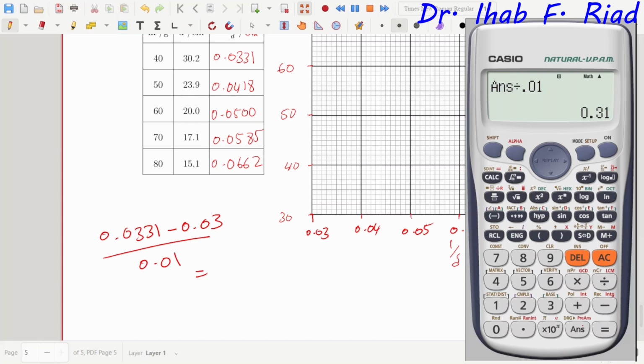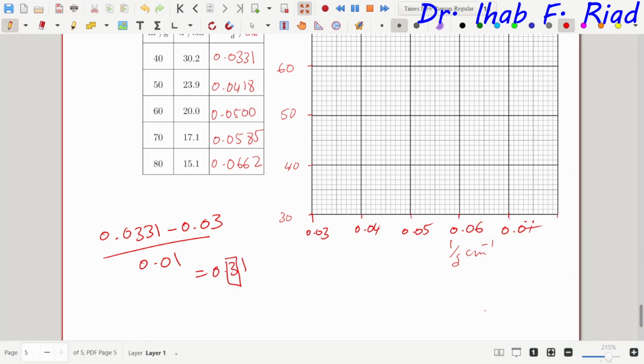It is 0.31. What does it mean? It is 3 small squares away from the 0.03 mark. Okay, and a bit. So it is 40, and it is over here, 1, 2, 3, around here.